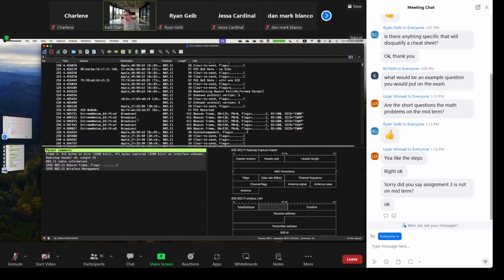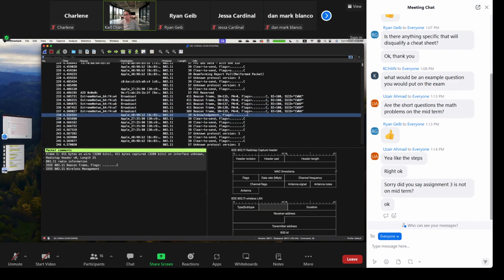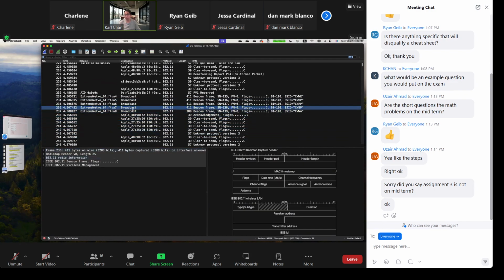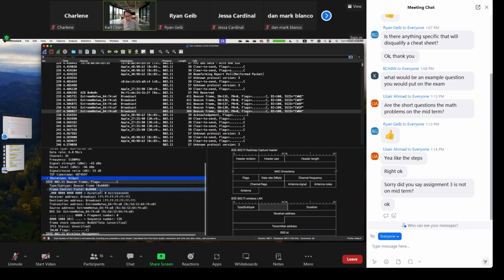Because this is one of the important concepts, I would like to show you here. For the beacon frame, you can check the duration here is 512 microseconds. This is the actual duration from the radio information. This is the actual duration of the frame. However, you can find another field called the duration ID field here.